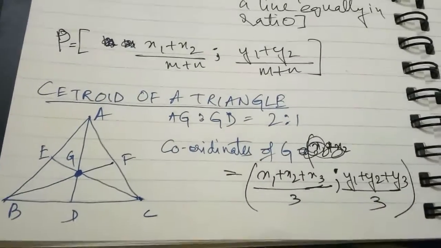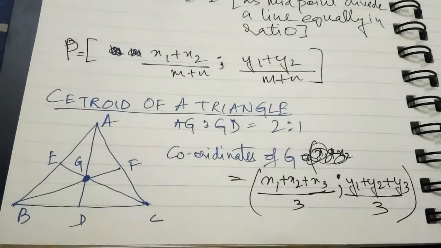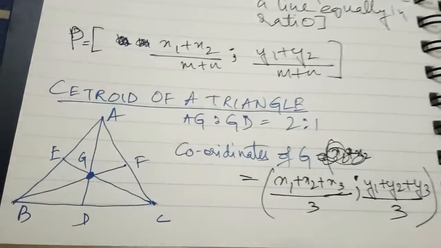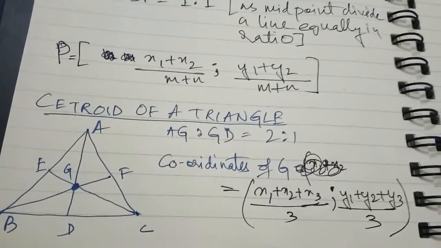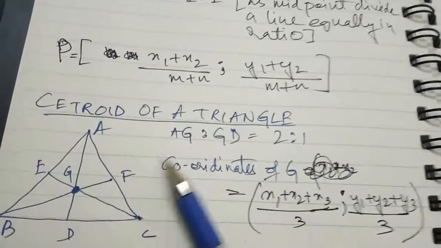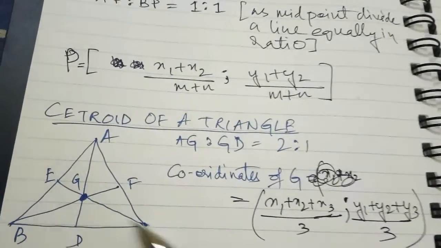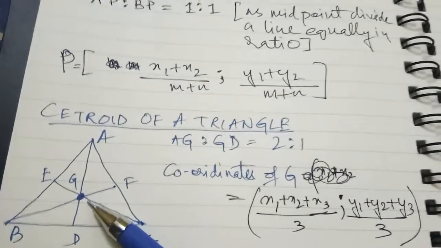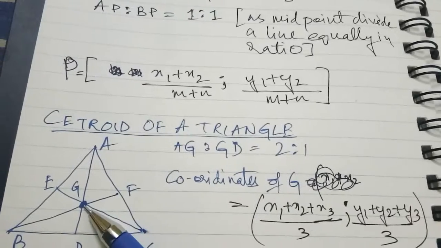Next we come to the centroid of a triangle. What is the centroid of a triangle? In a triangle, all the medians intersect at one point, and that point we call the centroid.